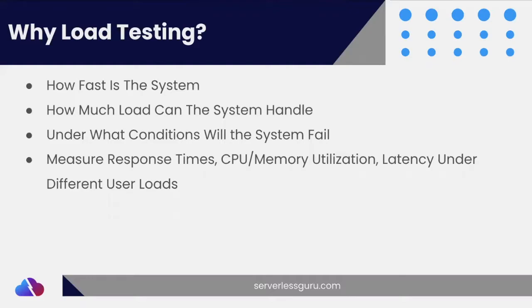It also helps us to measure the response times of your API endpoints, CPU or memory utilization of your EC2 instances or Lambda functions or containers, and latency of each API endpoint under different user loads. So these are the things you can understand about your application when you do load testing.